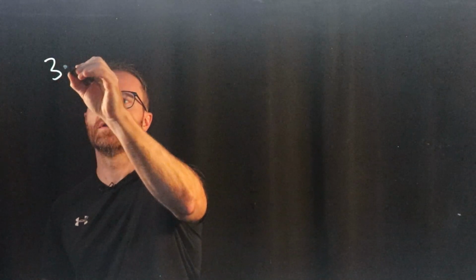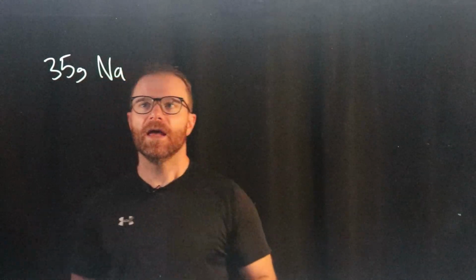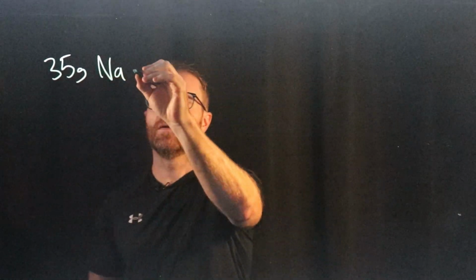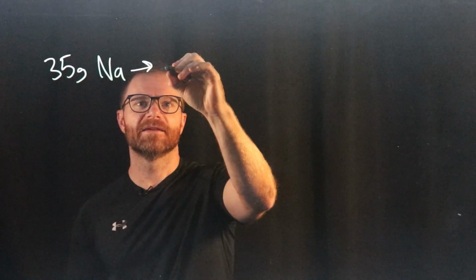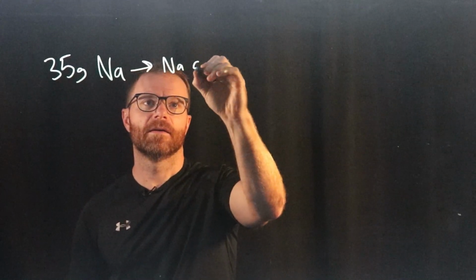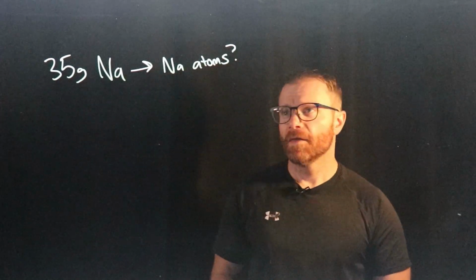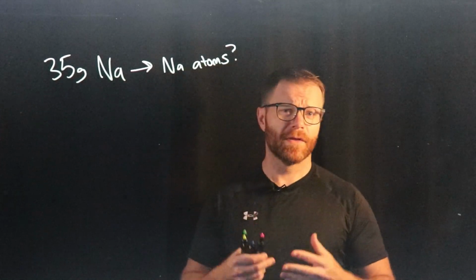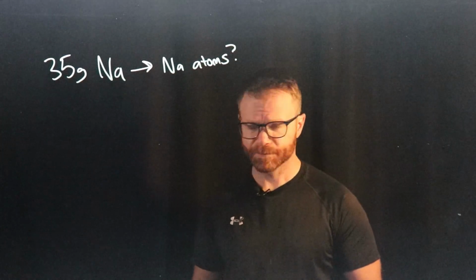Okay. So let's just do an example problem where let's say we had 35 grams of pure sodium metal, and we wanted to know how many individual sodium atoms that is. This is a problem we can do with what we already know about moles and about molar mass.